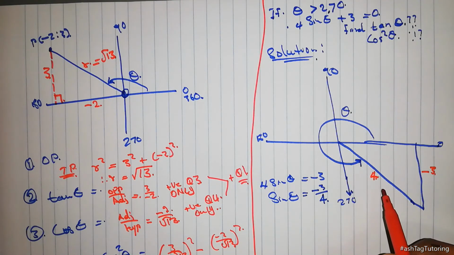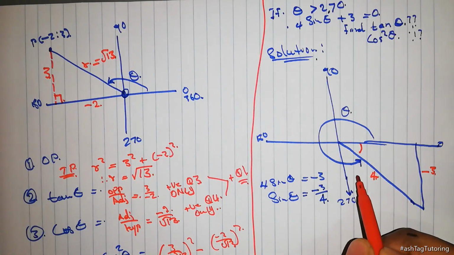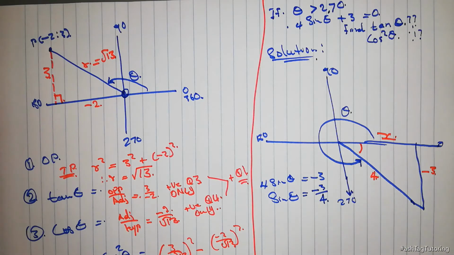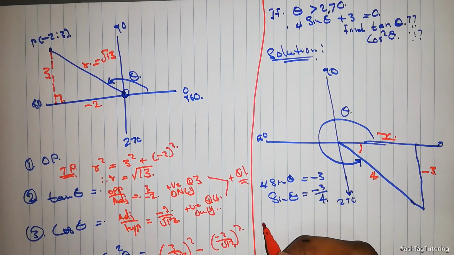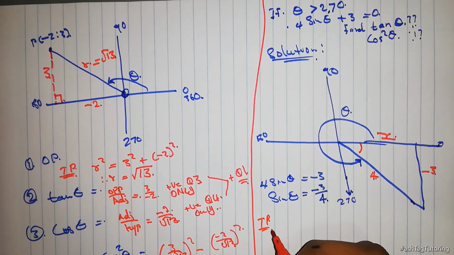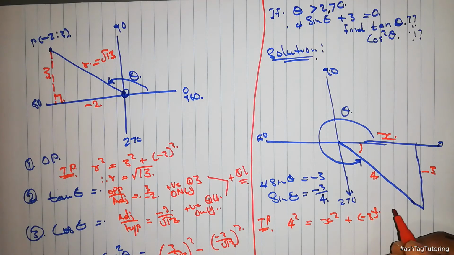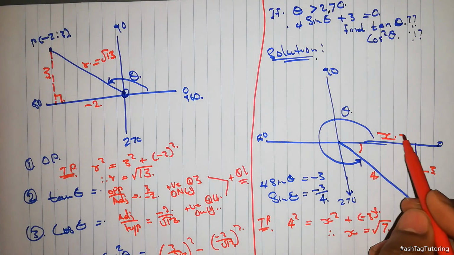That means opposite is -3 and your hypotenuse is 4, and then your adjacent is x, which is unknown. Now you apply the theorem of Pythagoras to determine the value of x. You will find that x is equal to root 7.